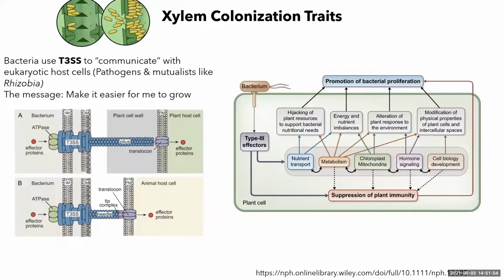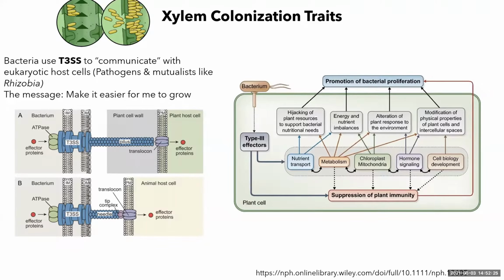And so, of course, your pathogen, or there's also the system used by rhizobia that forms nitrogen fixation nodules. That's a mutualist of plants. So this is used by really strong mutualists and pathogens. And the key thing is that it allows the bacteria to interact with the eukaryotic cell and change the eukaryotic cell biology to benefit the bacteria.